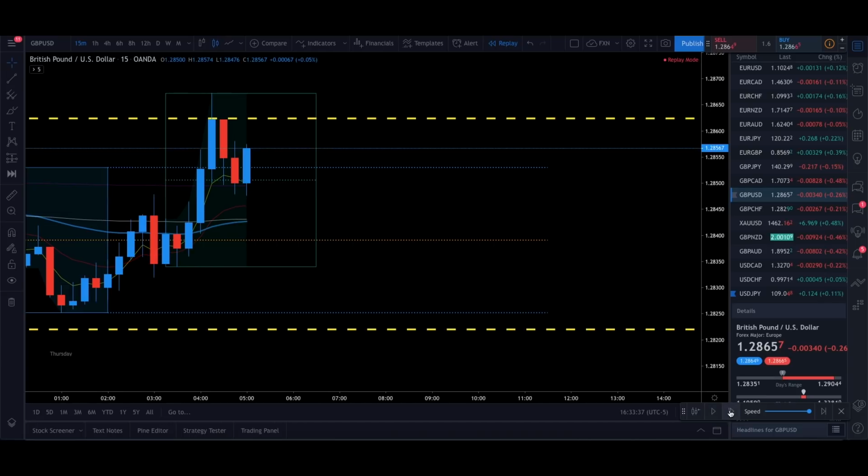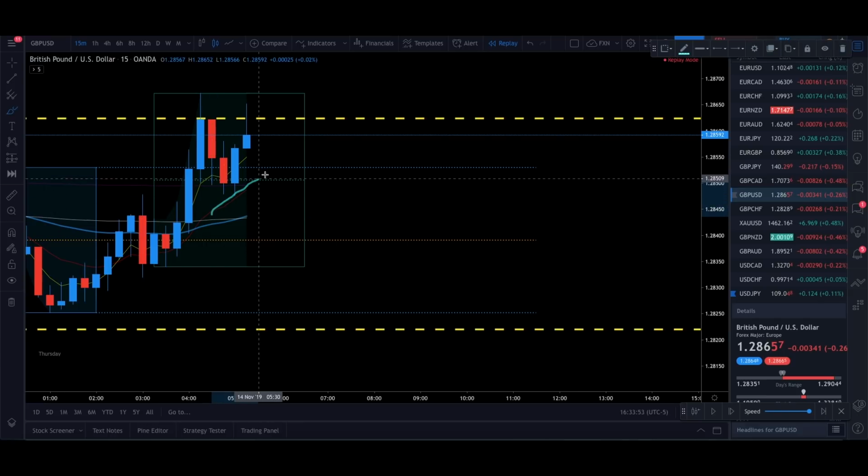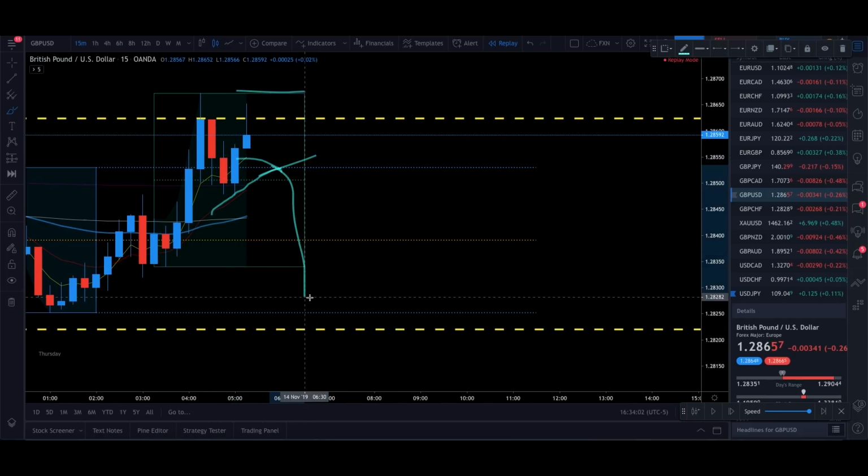So when price goes back up to make a second leg, it gives the 13 EMA a chance to get caught up. Then when the next candle comes down, you get the crossover right here, and you can go ahead and enter the trade.